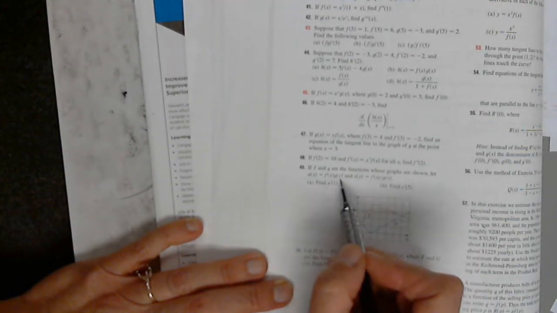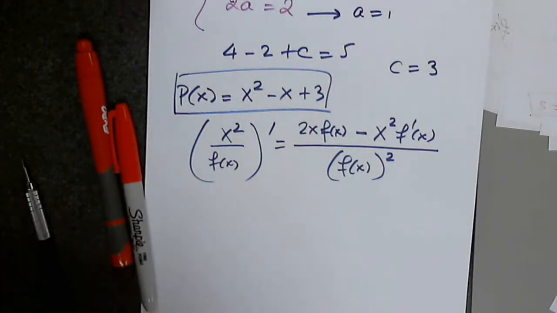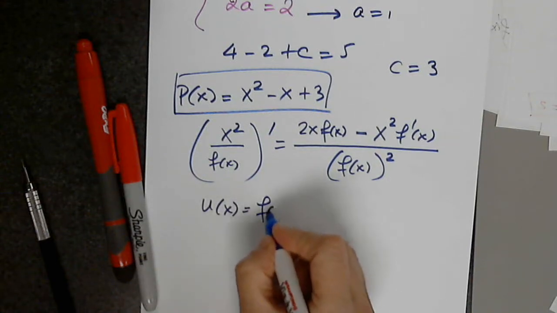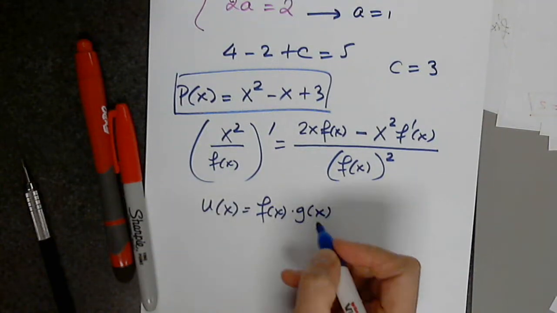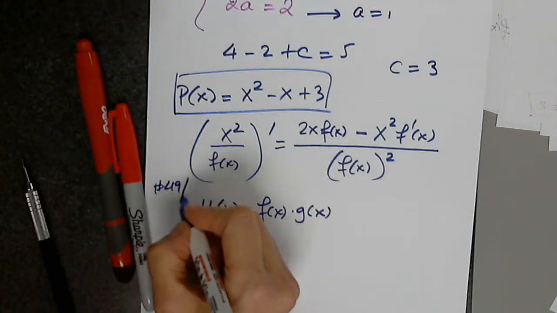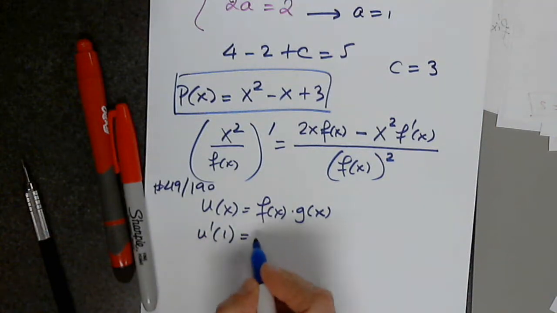So u is a function that is a product. So u of x equals f of x times g of x. Again, this is problem 49 on page 190. I have to find u prime of 1.